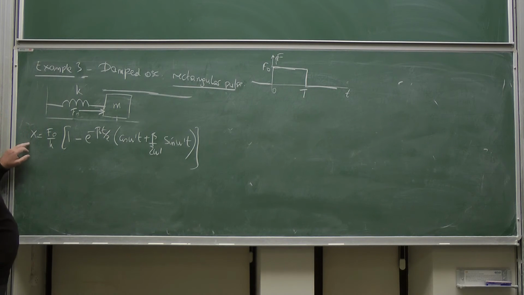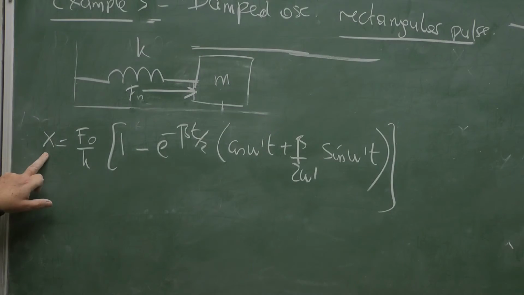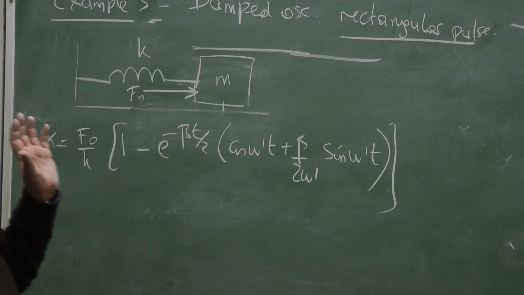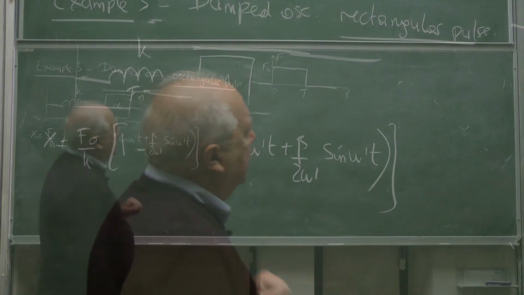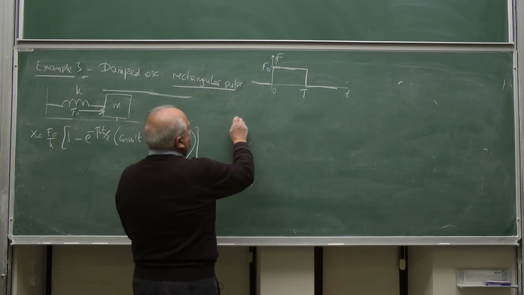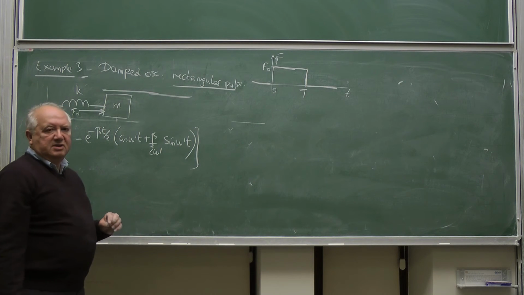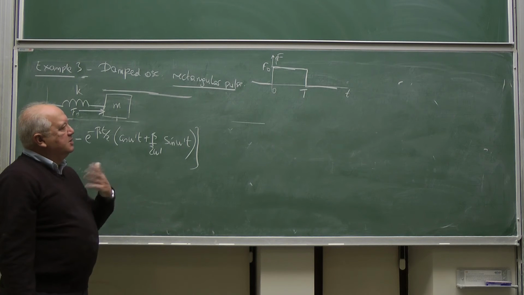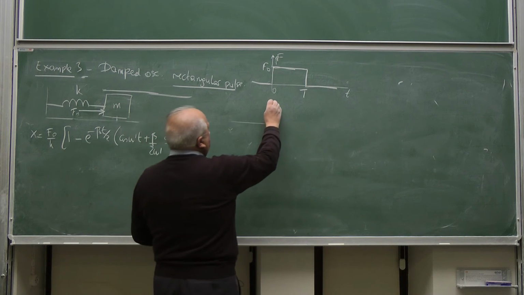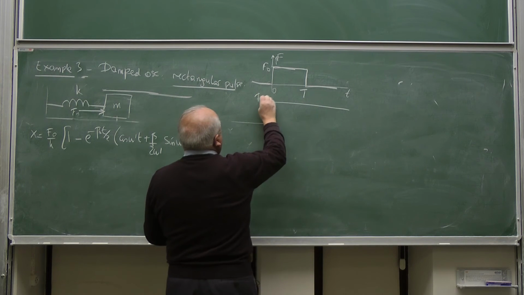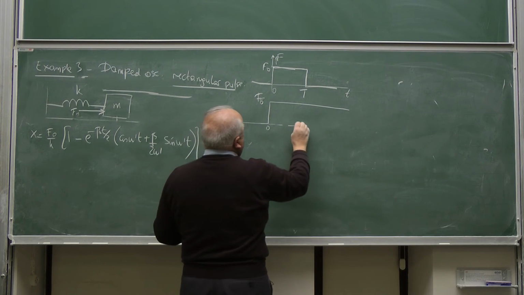Remember, we found in example 2 this as a solution. So we can make use of that solution, and let us find out how. Since the equation of motion is linear, we can make a linear superposition. So one force like this, F0, at time 0, remember this is the time axis.